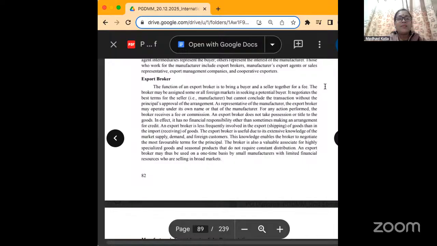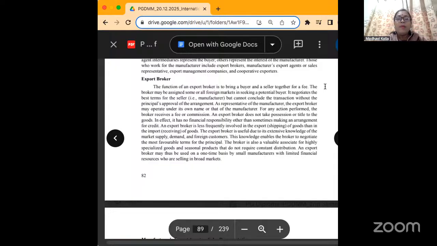Then the whole process becomes a useless game altogether. And an agent never works without a fee. So it's always based on a fee. Now, how is the fee determined? We'll talk about it in more detail later. But this is to be clearly understood.